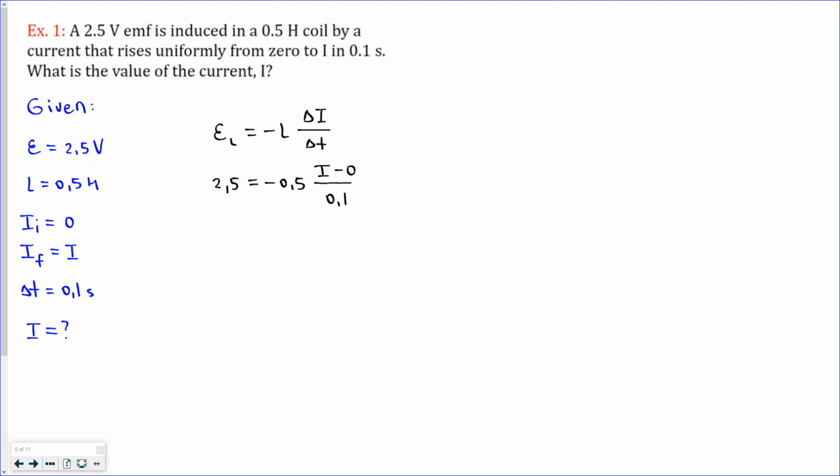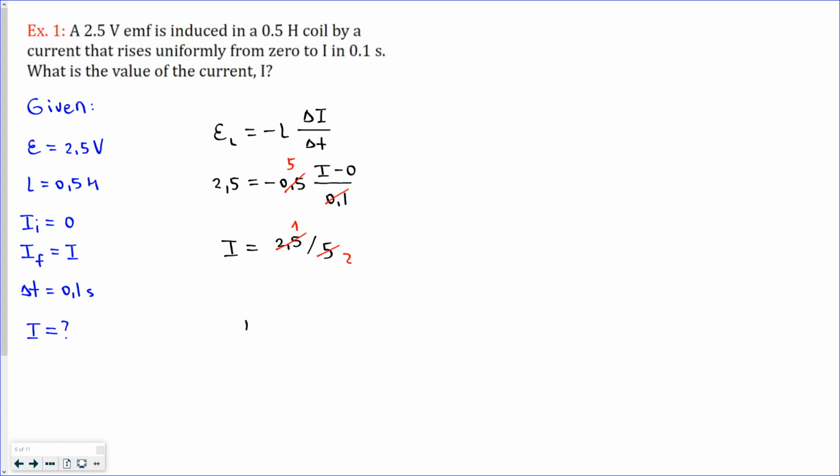So here we can cancel 0.5 and 0.1. So it is 5. And I is equal to 2.5 over 5. And we also can cancel this. Here we have 1, here we have 2.